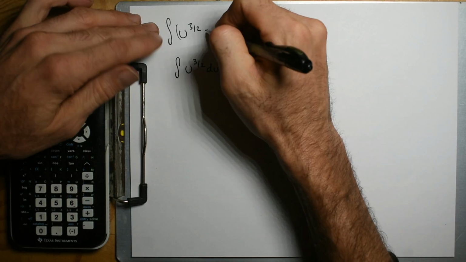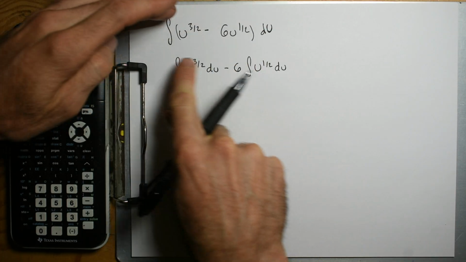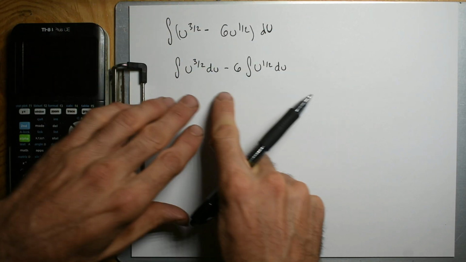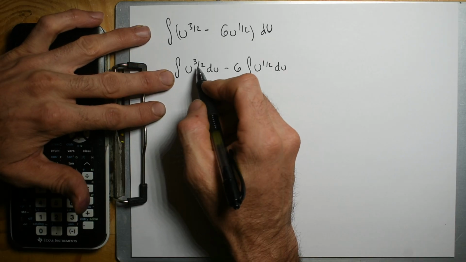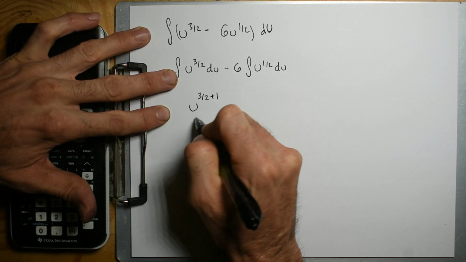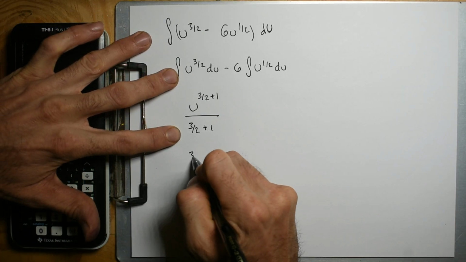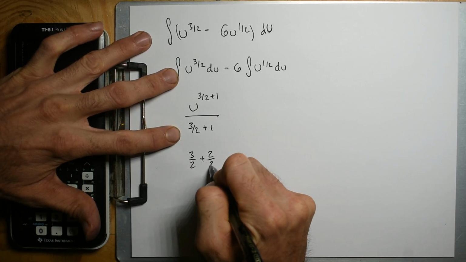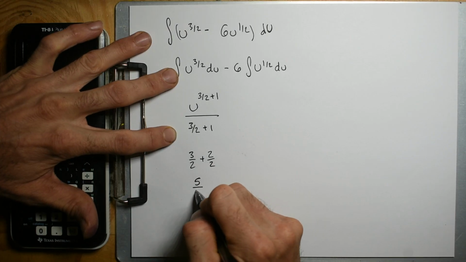That's one of the rules of integration: you can set up multiple integrals. So we just use the power rule on this. That says we're going to have u to the 3/2 plus 1, divided by 3/2 plus 1. 3/2 plus 1 is 3/2 plus 2/2, which is 5/2.